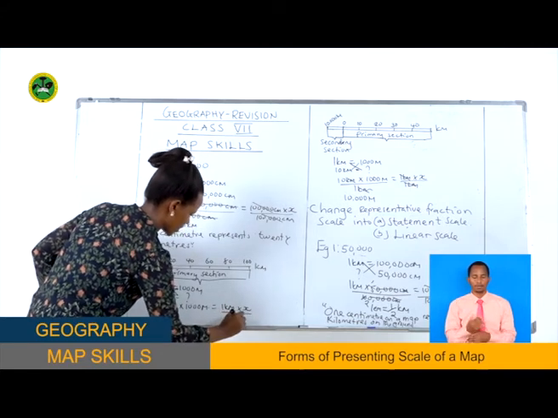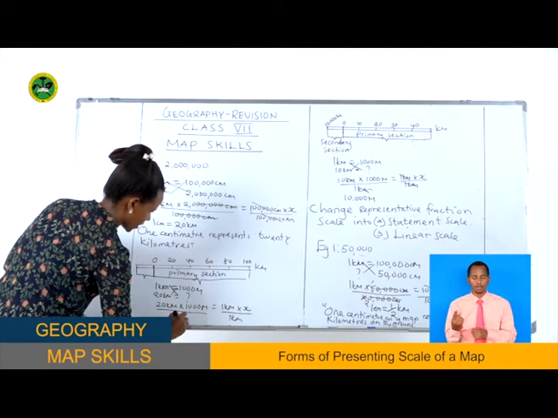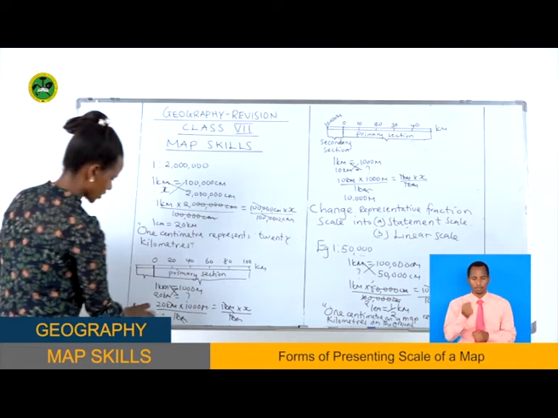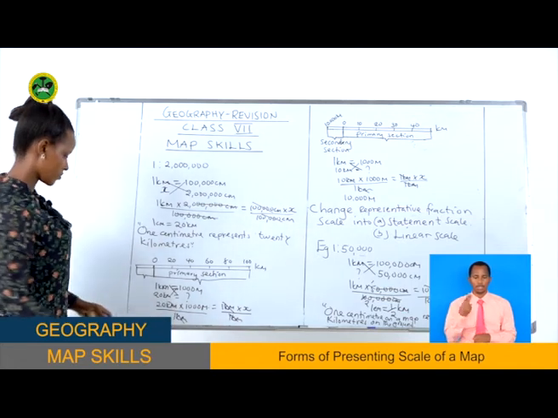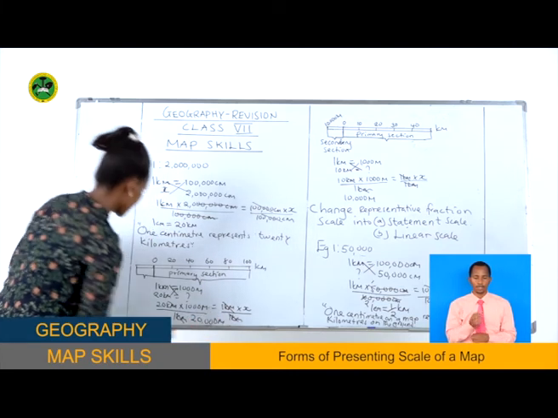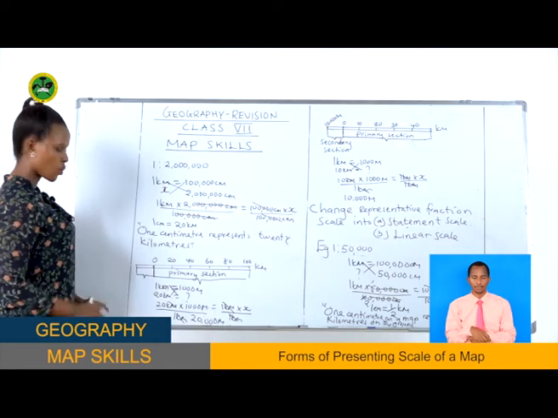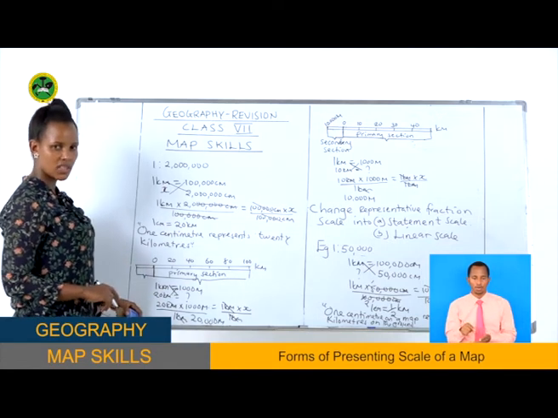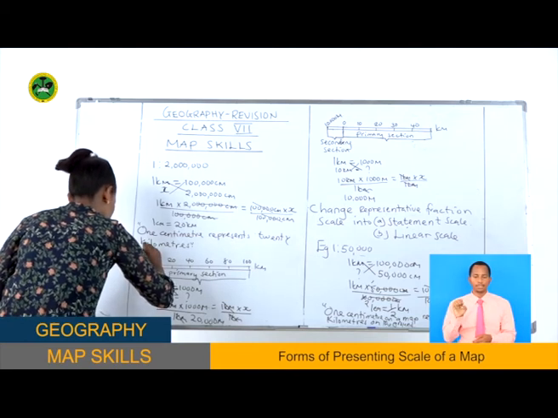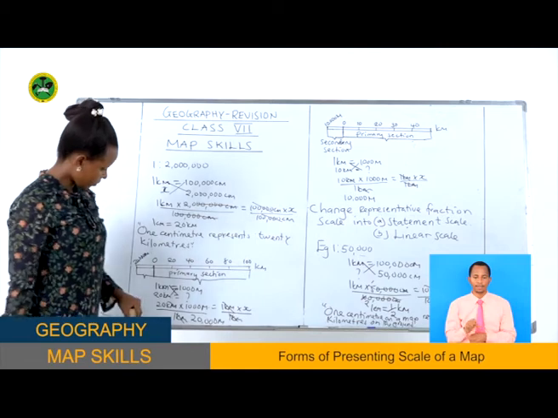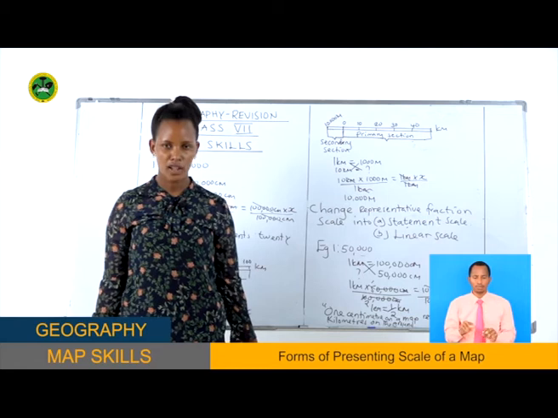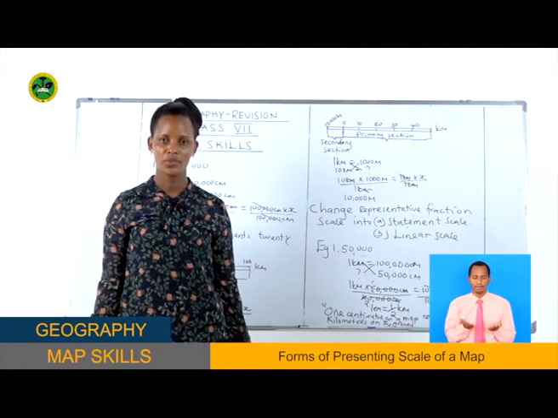Divide by 1 kilometer, divide by 1 kilometer. Kilometer and kilometer have gone, even this side. 20 times 1,000, you get 20,000 meters. That means in a secondary section, 1 centimeter is equal to 20,000 meters. I hope now you have understood well how to change scale of a map from one form to another.